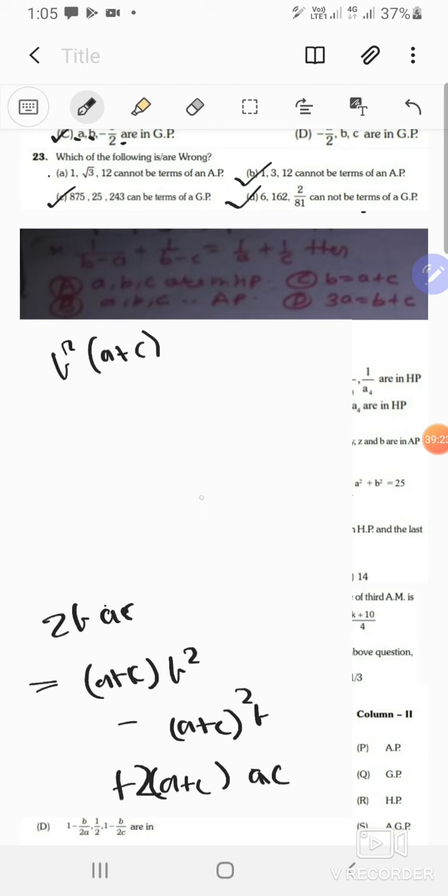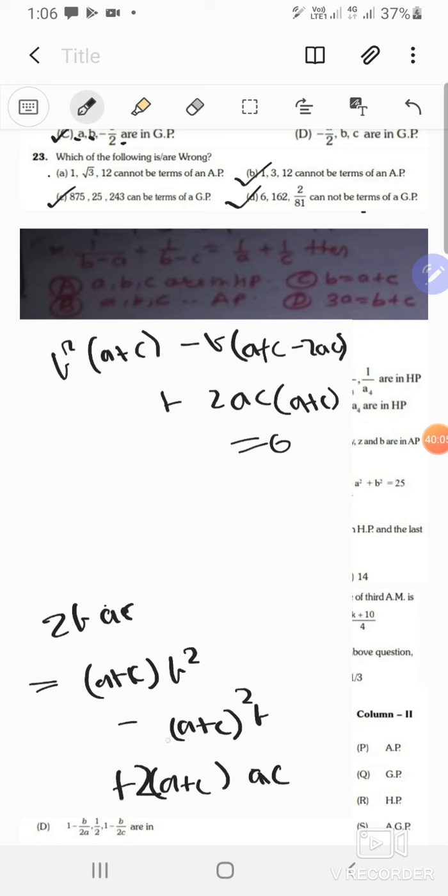And then over here you have minus b into a plus c minus 2ac, and then this is the constant over there, so plus 2ac into a plus c, that has to be equal to 0. So if we are to find real roots of b, then the discriminant should be greater than or equal to 0. Hopefully we can find something from that. I don't know if this will work or it won't.